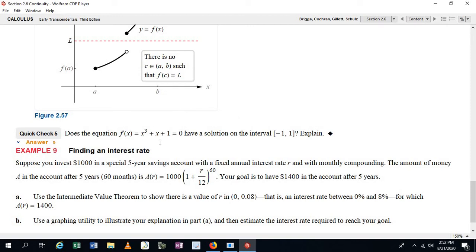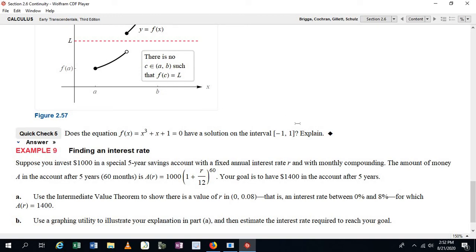Okay, we're going to apply the intermediate value theorem to see if there is a solution in this closed interval from -1 to 1.